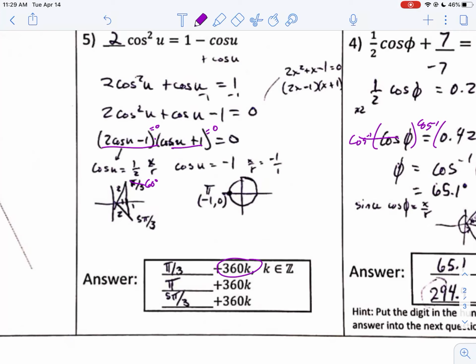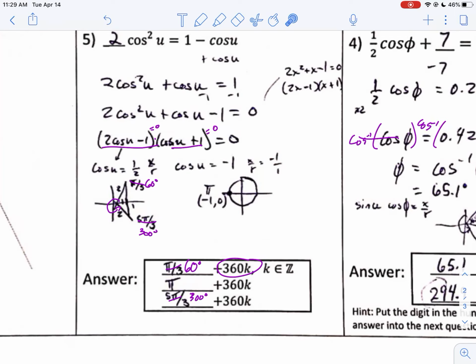So x is 1, my radius is 2. We see that has to be 60 degrees or pi over 3. I noticed later that this should be really 60 degrees to match here. And then going around here, I have 60 degrees for reference angle. This is 300 degrees.